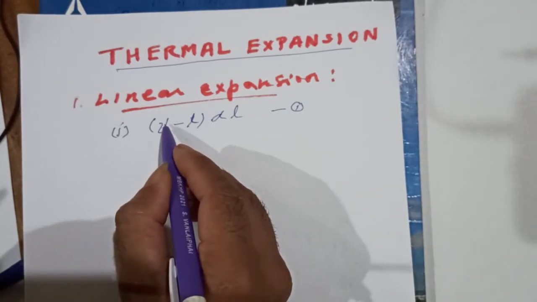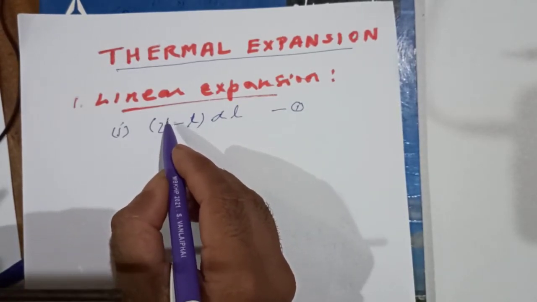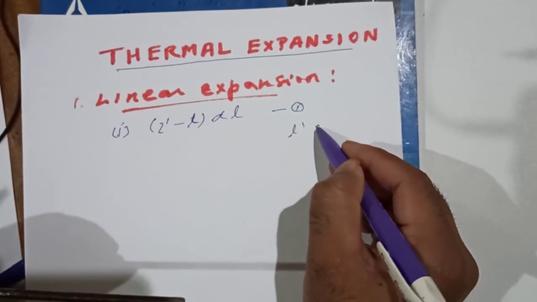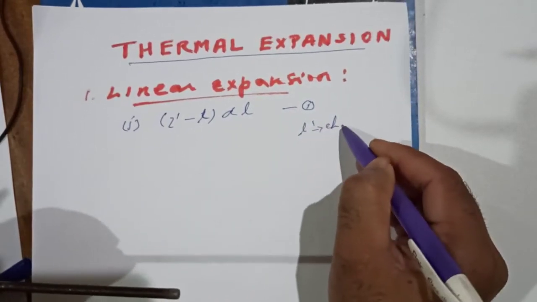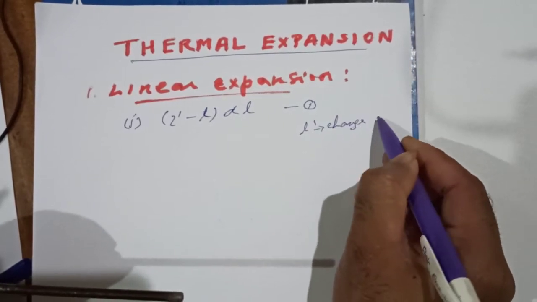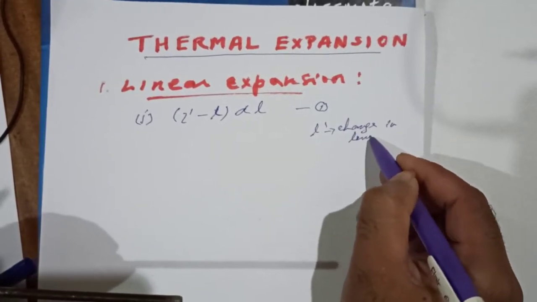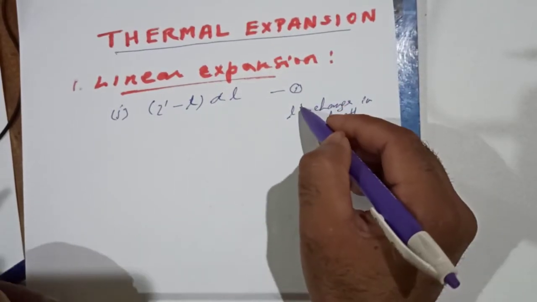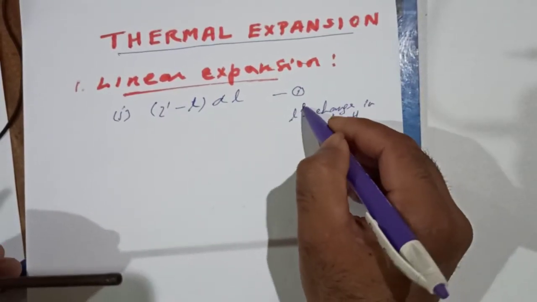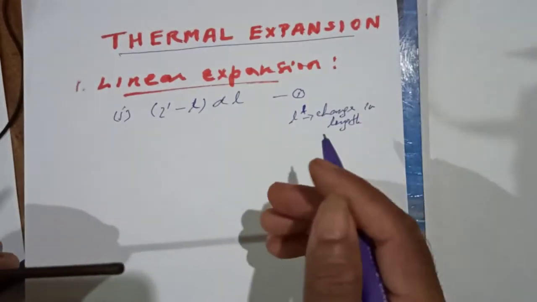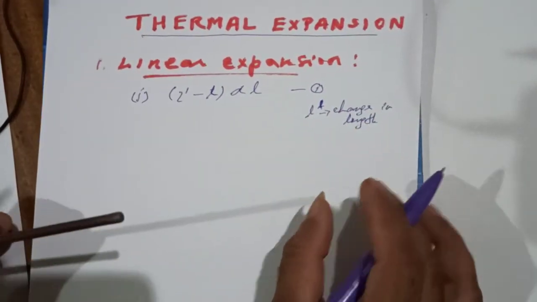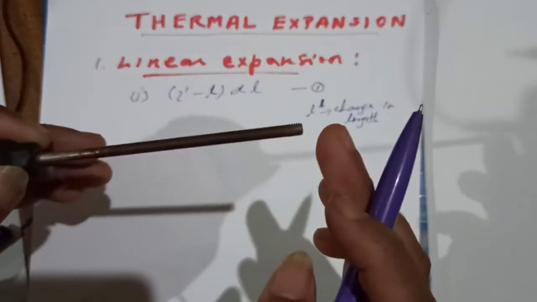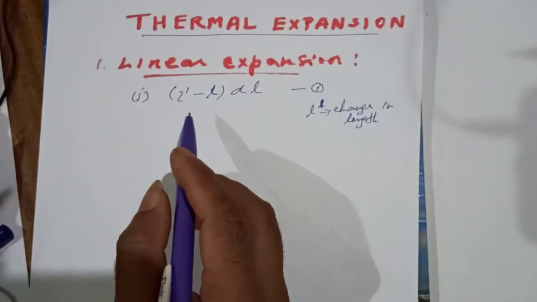L prime is the change in length, meaning the part by which L is elongated, where L is the original length.